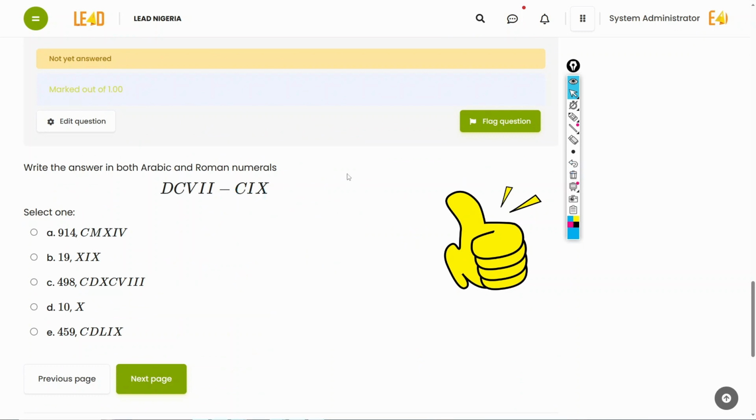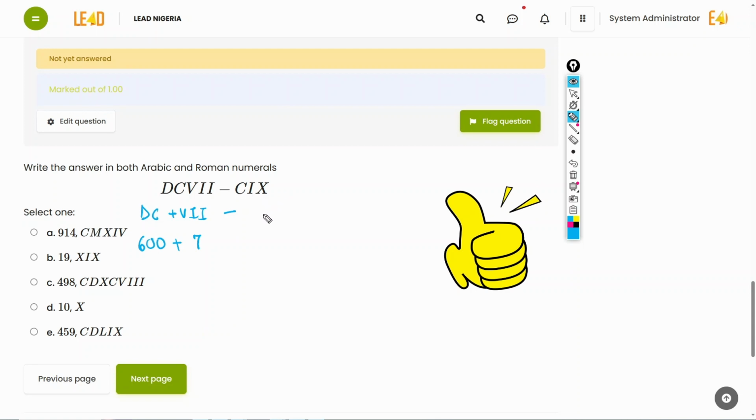We're supposed to perform this operation, subtract. Okay, so DCVII would be DC plus VII. DC is 600 plus VII is 7, minus CIX.